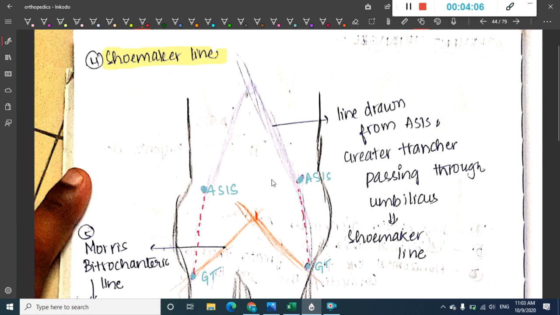Now you extrapolate the line. When you extrapolate it, this line should pass exactly through the umbilicus. This is called Shoemaker's line. Both these lines should meet at the umbilicus.